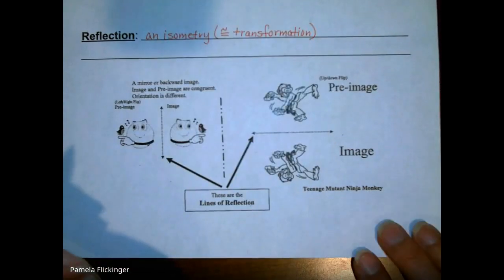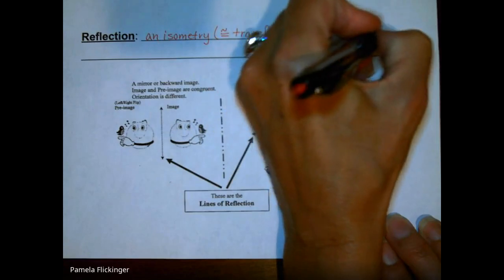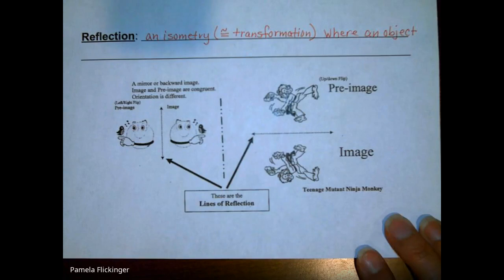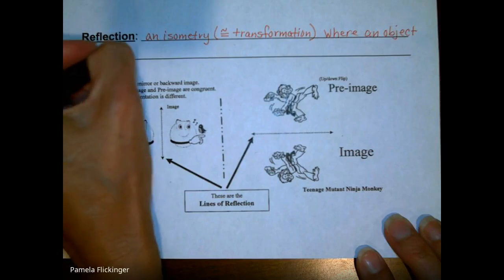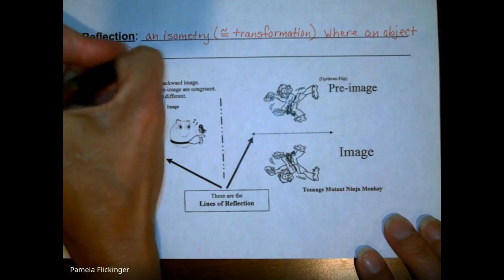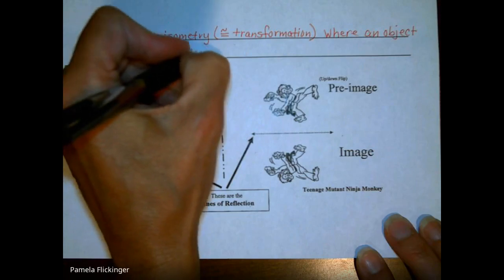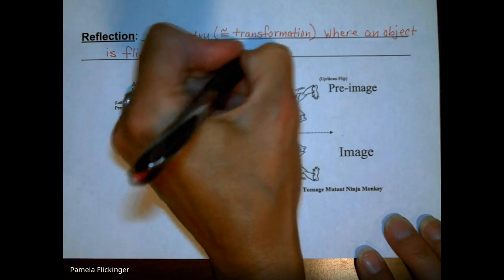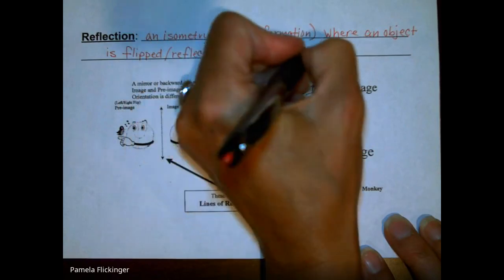Where an object is flipped or reflected over a line. Where you're going to see the word through a line.